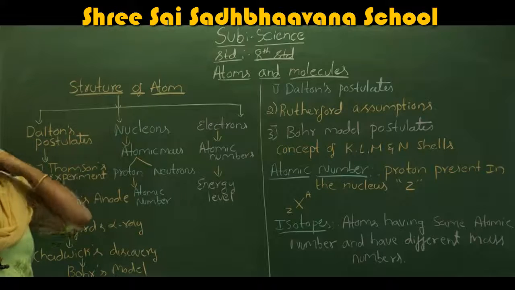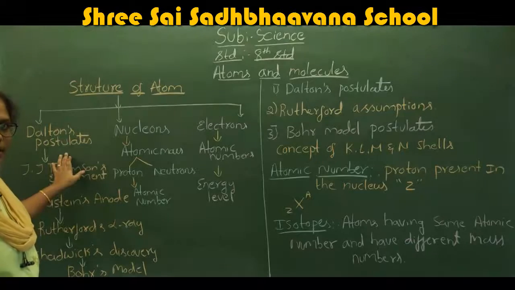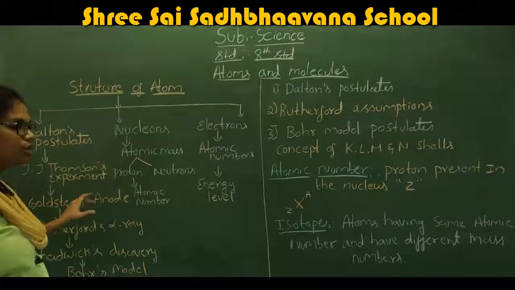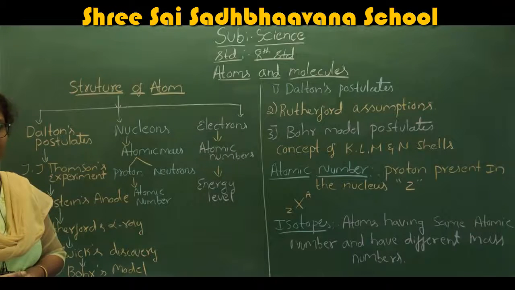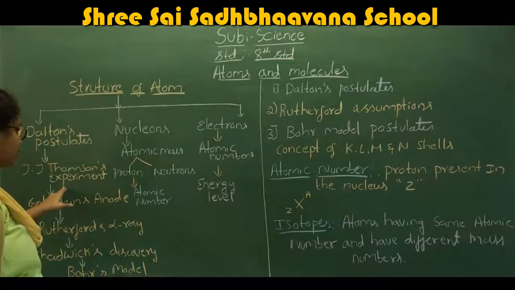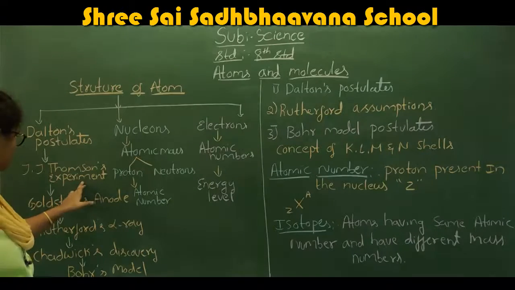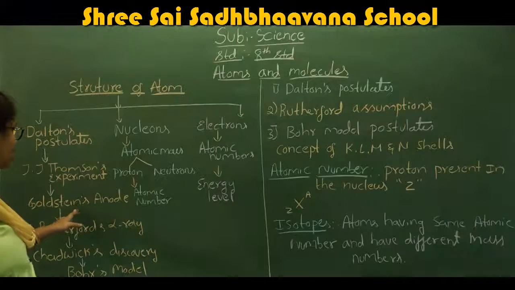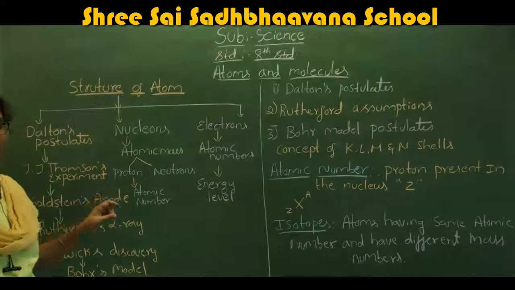Therefore, first we are going to discuss Dalton's postulates. After that, we will discuss J.J. Thomson's experiment. Next, we will discuss the Goldstein anode ray experiment, which is similar to the J.J. Thomson experiment.